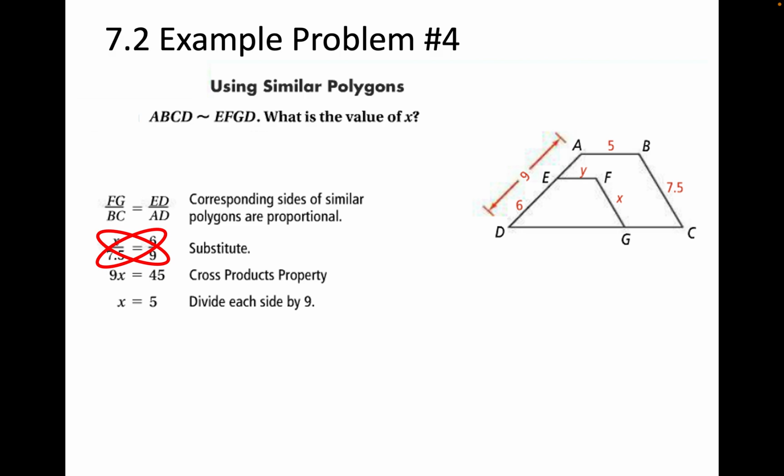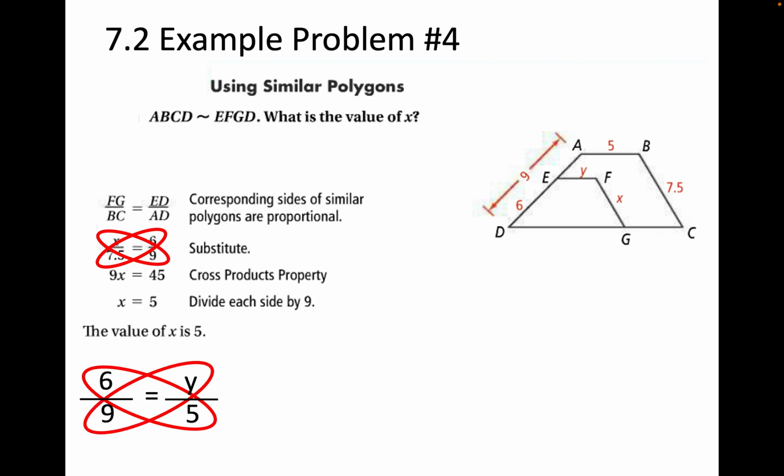And although I didn't ask for it, you could also figure out the value for y here, because we know, again, that same ratio of DE to DA, 6 to 9, must be that same ratio of EF, which is y, to AB, which is 5. So once again, I could cross multiply and get 6 times 5 is going to equal 9y.